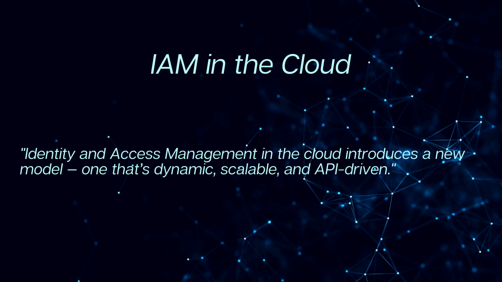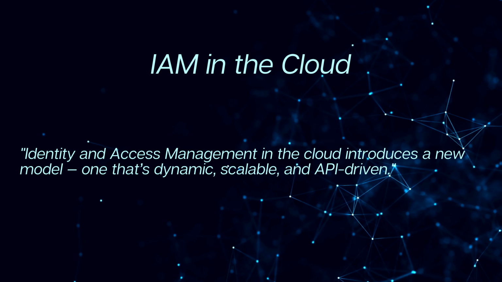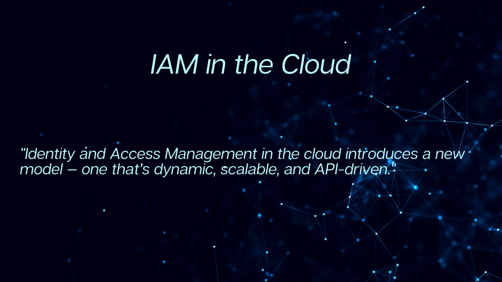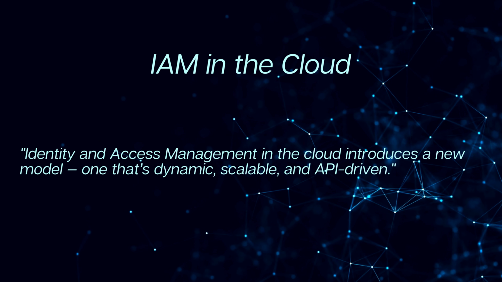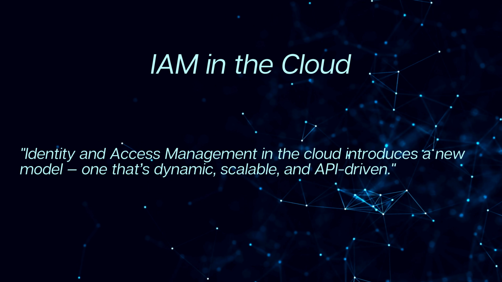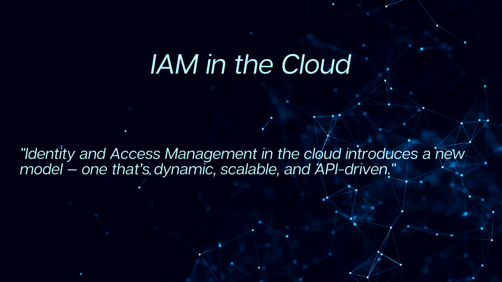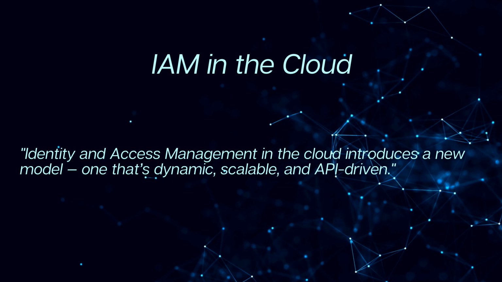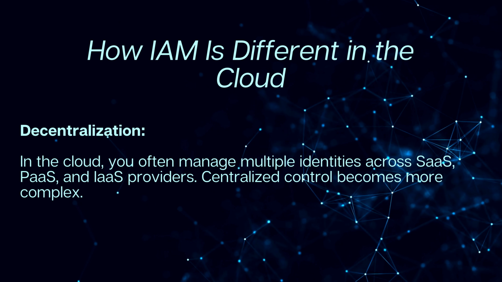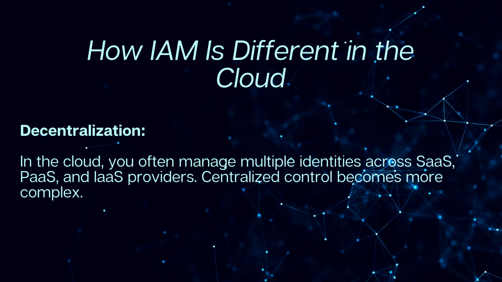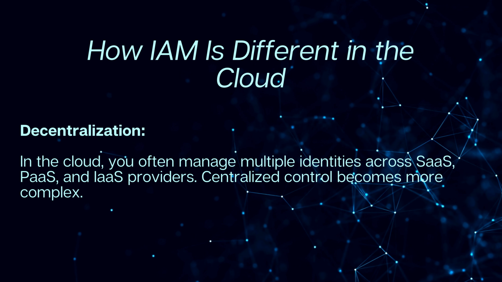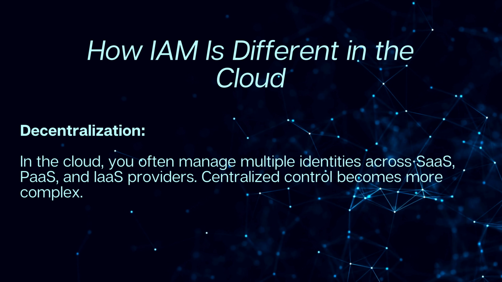Identity and access management in the cloud introduces a new model, one that is dynamic, scalable, and API driven. Here is what makes IAM different in cloud environments. Decentralization. In the cloud, you often manage multiple identities across SaaS, PaaS, and IaaS providers.